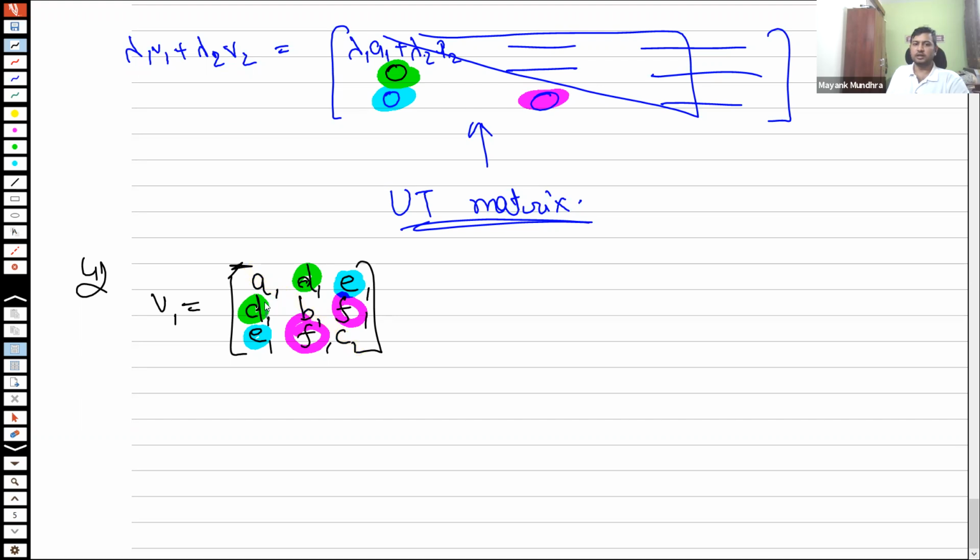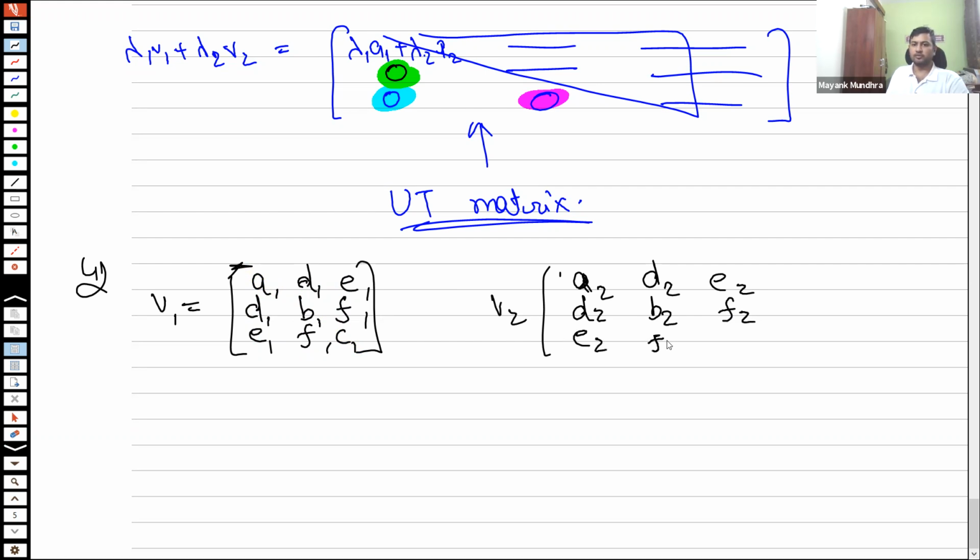Okay, let me remove these colors. And the V2 matrix is similarly A2, D2, E2; D2, B2, F2; E2, F2, C2. Okay, so when you take lambda 1 V1 plus lambda 2 V2, if you take this matrix, then in this position and in this position, what you will get is something here, I don't want to worry about it.